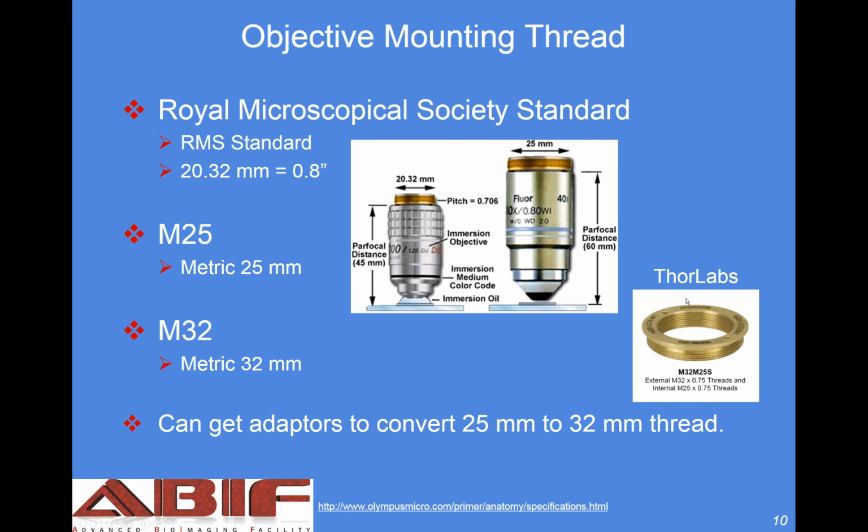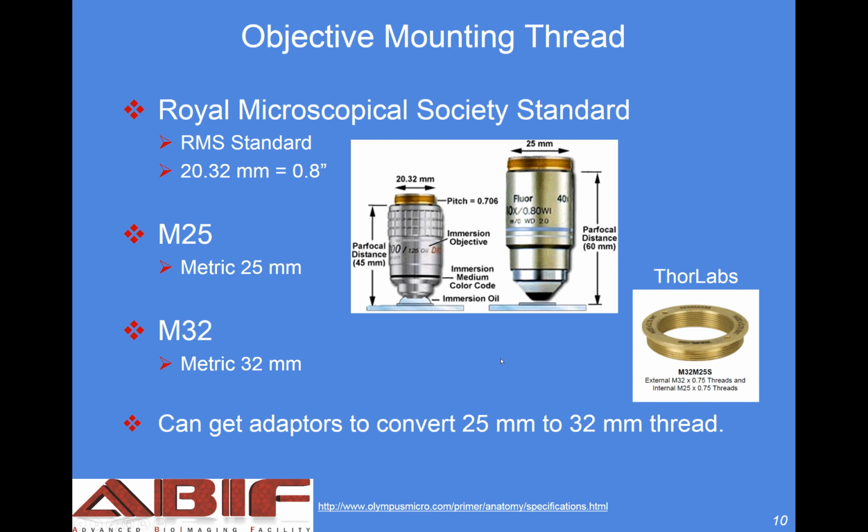You can also buy simple adapters where, if you have a system with a 32 millimeter opening and you have a 25 millimeter lens, you can use one of these adapters to use older lenses on the 32 millimeter thread.